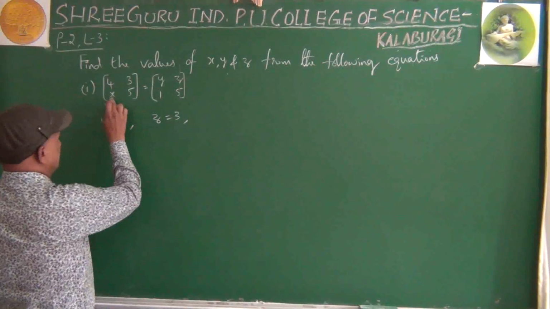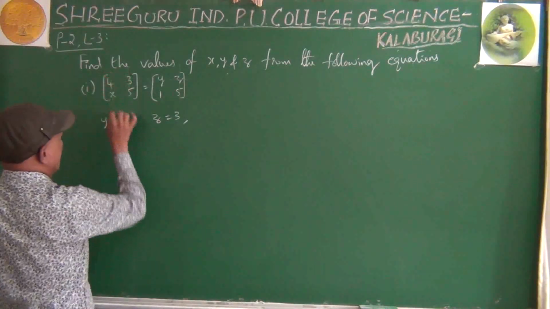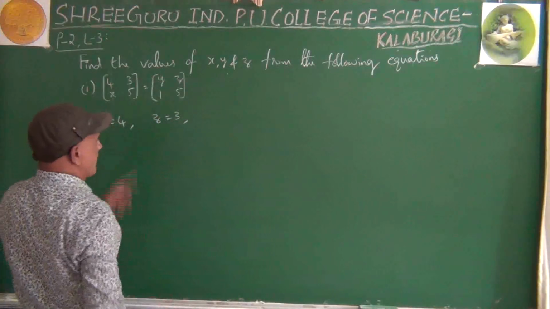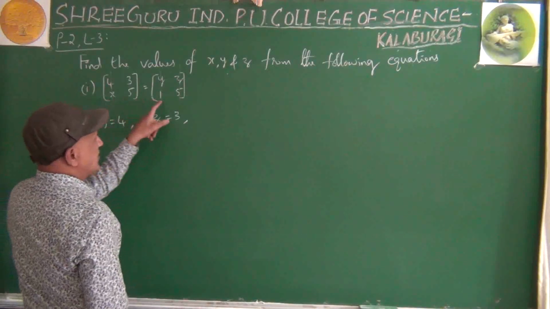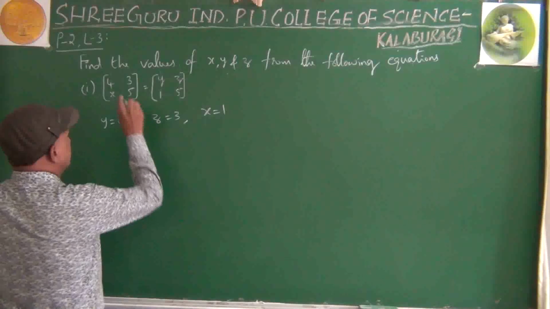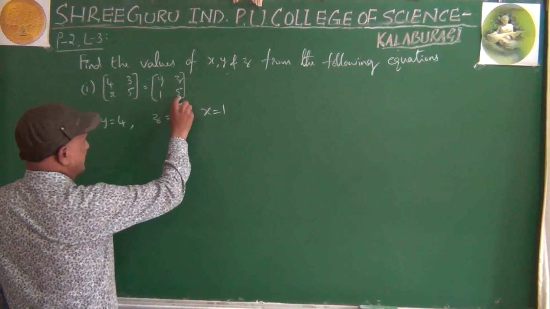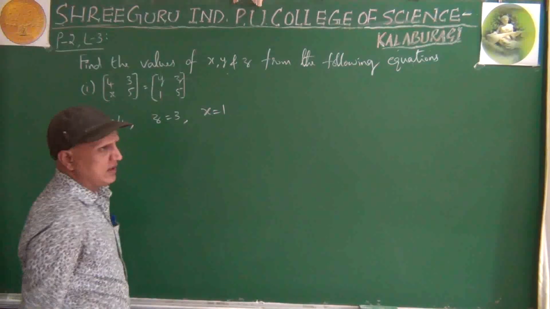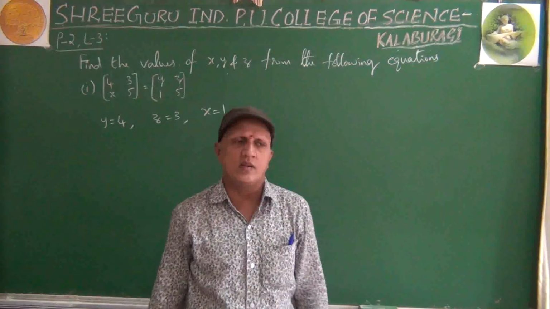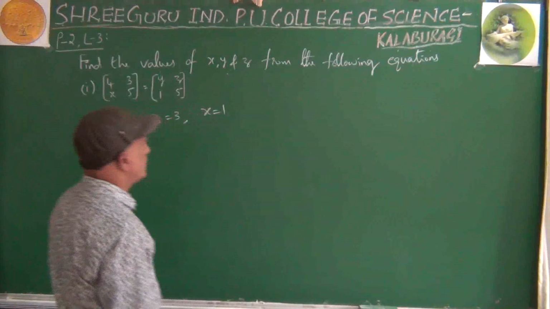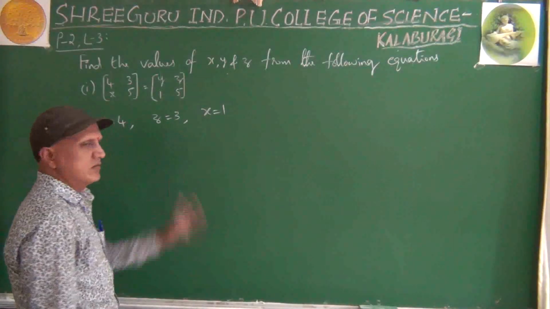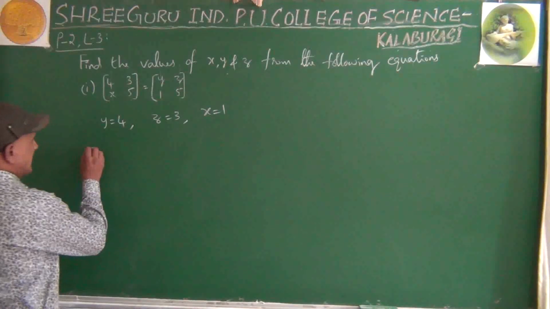Coming to this one, second row, first column, A21: x equals 1. Second row, second column: 5 equals 5, everybody knows, so no need to write. They are asking us to find x, y, z values. We found them. Okay.